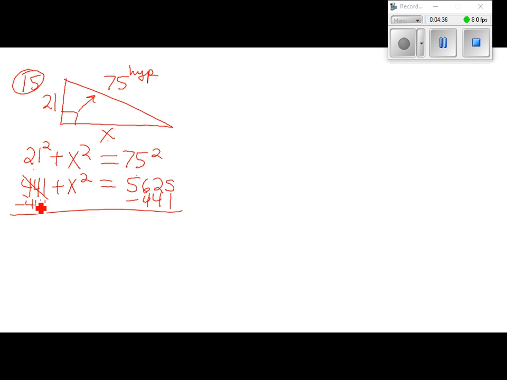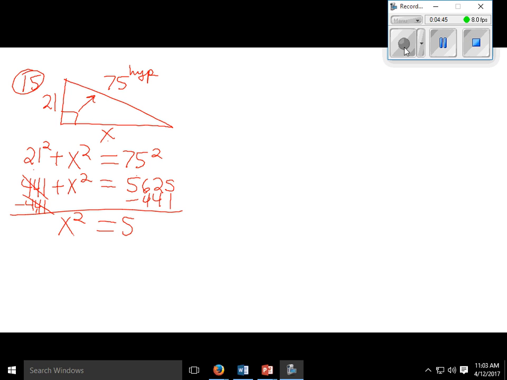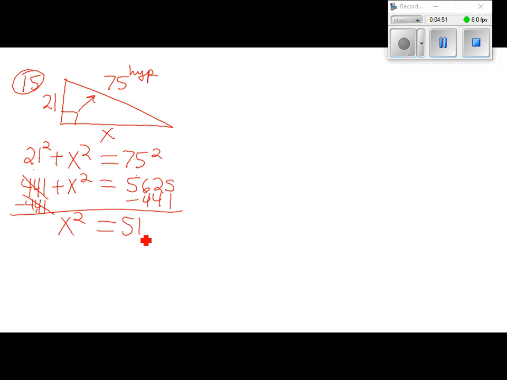These cancel out, and you're left with x squared equals 5625 minus 441, which is 5,184. Then we take the square root of 5,184, and you end up with x equals exactly 72.